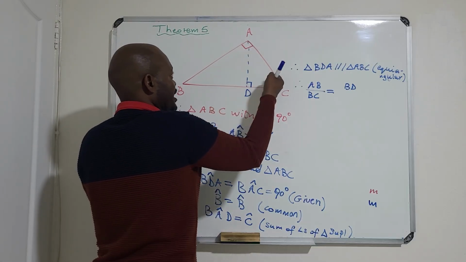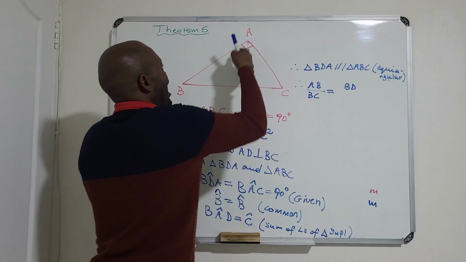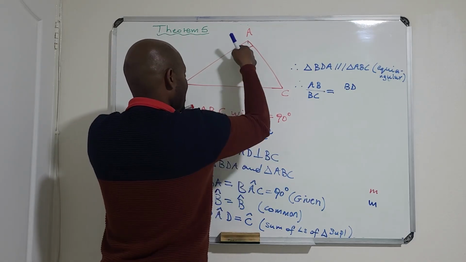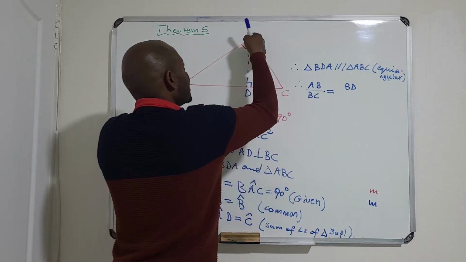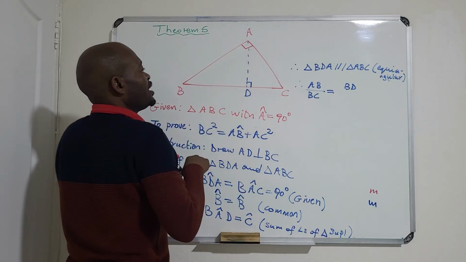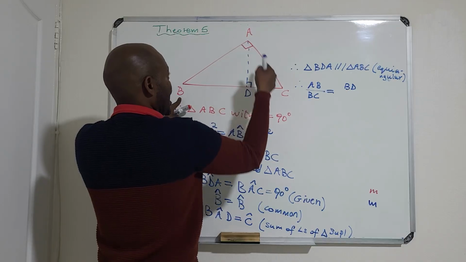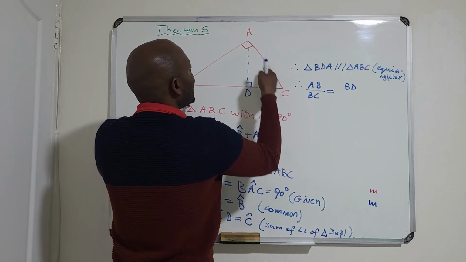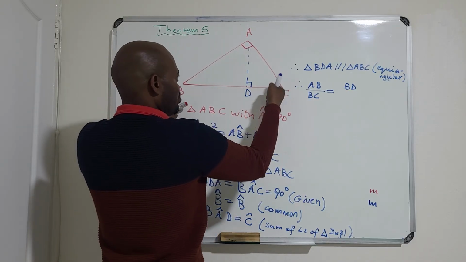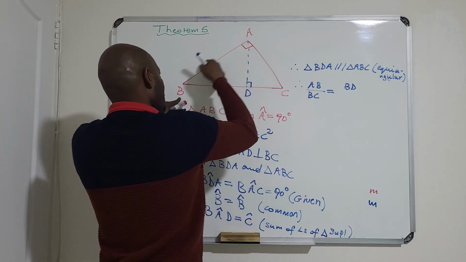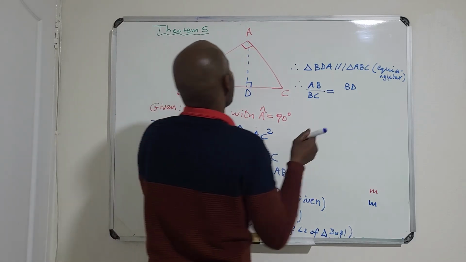Since this angle and this angle are equal, and this angle is closed by BD and this angle is closed by AB, then we're going to say BD, which is closed by this angle, over AB, which is closed by this angle, since the two are equal.